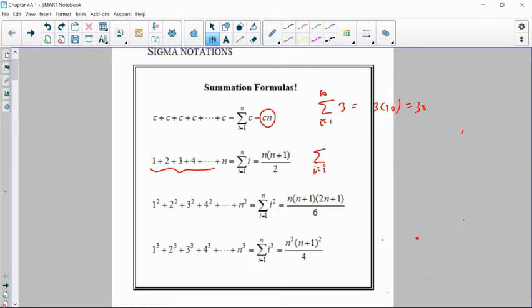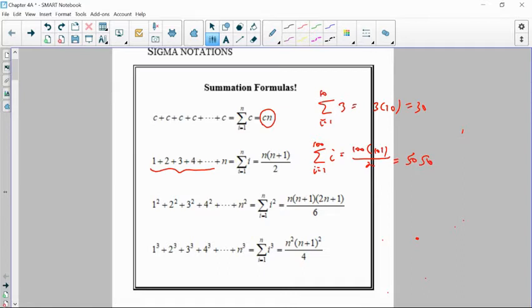So I equals 1 to 100 of just I, which is 1 plus 2 plus 3 up to 100. If you know that there are 100 numbers, you just do 100 times 101 divided by 2, which, if you remember from last year, was 5,050.